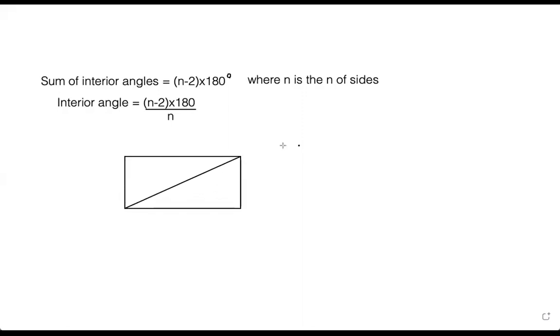Those are two triangles. So when we come to the sum of interior angles, we have n minus 2 times 180 degrees. 180 degrees is the interior angle sum of a triangle.